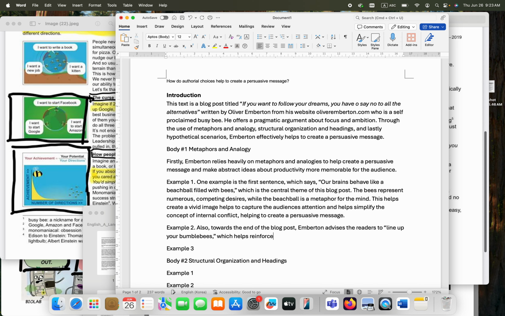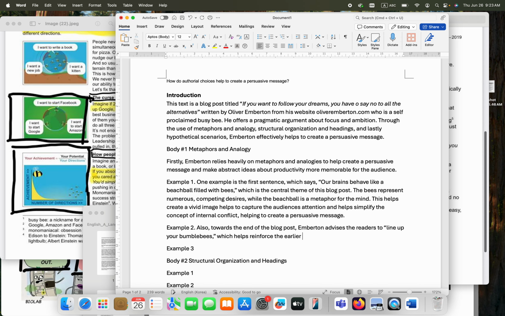Reinforce the earlier metaphor in a more constructive way. Instead, you want to just explain this example.